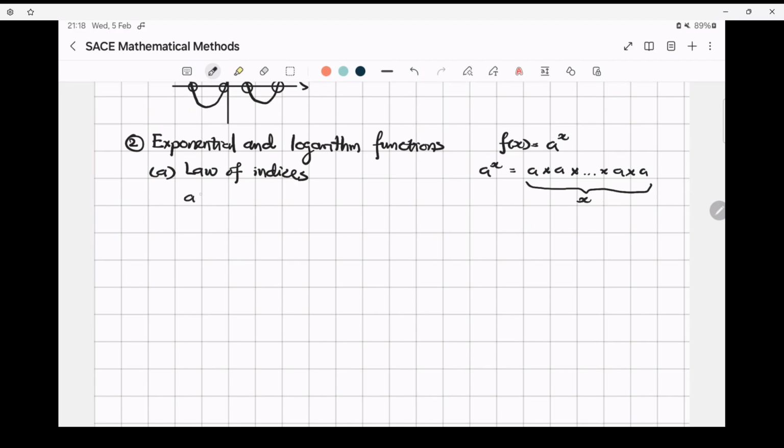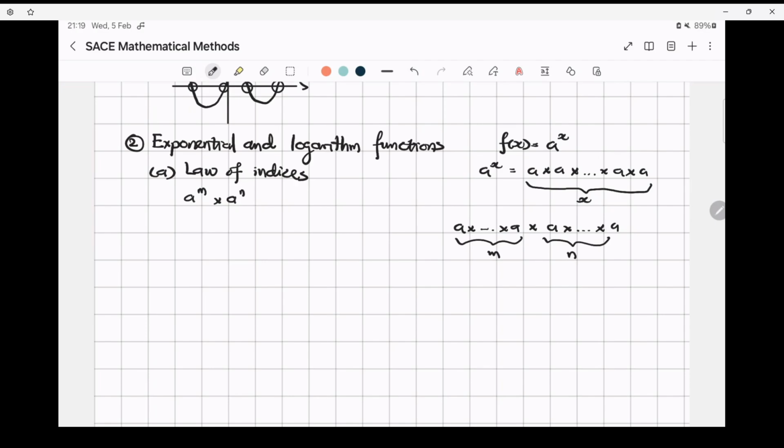So if let's say you see something like a to the power of m multiplied with a to the power of n, so what actually happens is you have a multiplied m times, and then you have a multiplied n times.